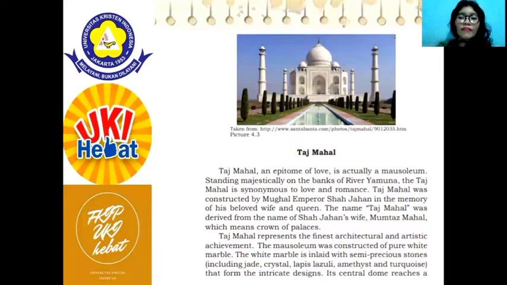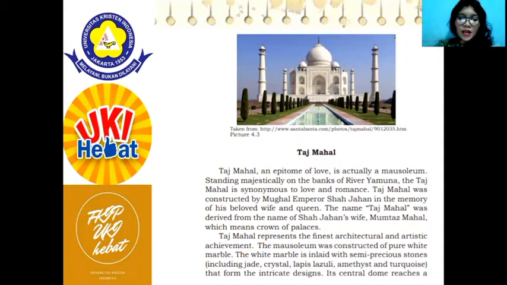Now I have one text here for you to classify the generic structure. It's talking about the Taj Mahal. Before we classify the generic structure of the descriptive text, please read together with me what the text is talking about.